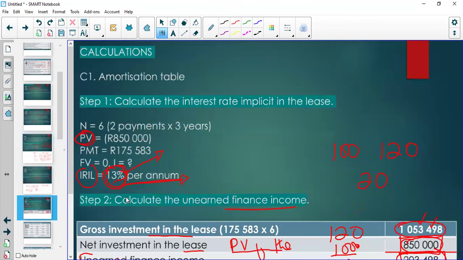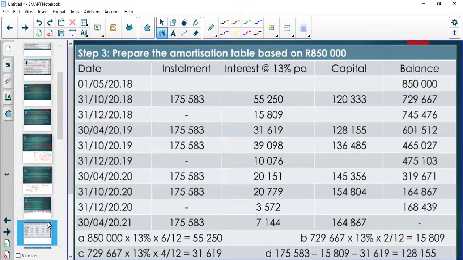So we have the interest rate being 13%. We're paying 175 every year. And here we're starting at the present value of 850. Okay. So we start with, this is the date, the installment is here. The interest rate is 13% per annum. This is the column for capital.